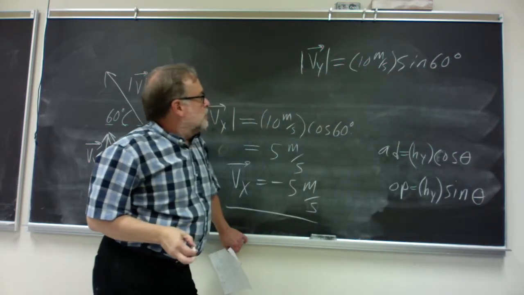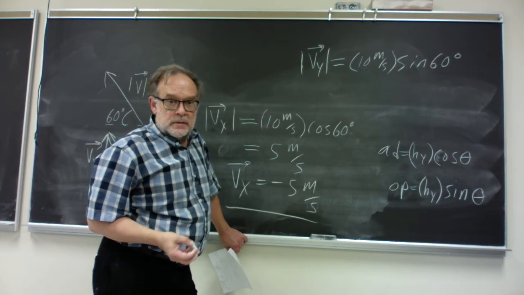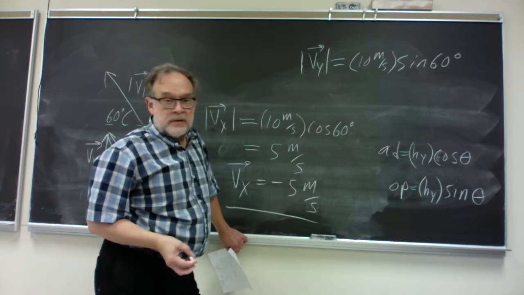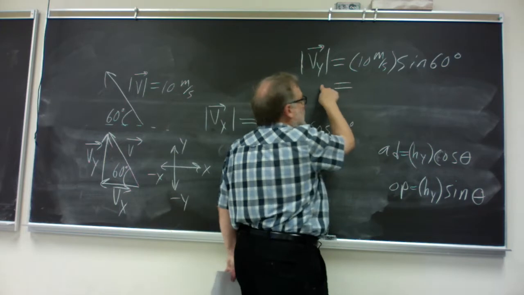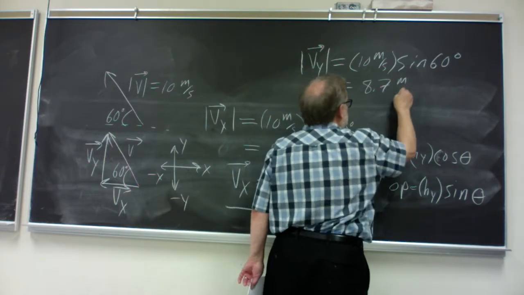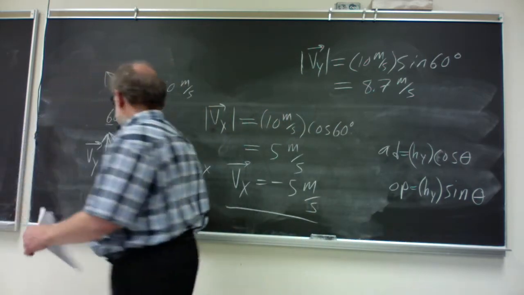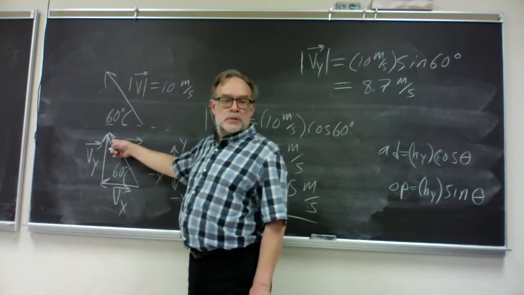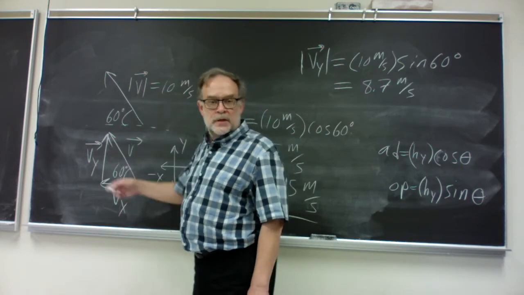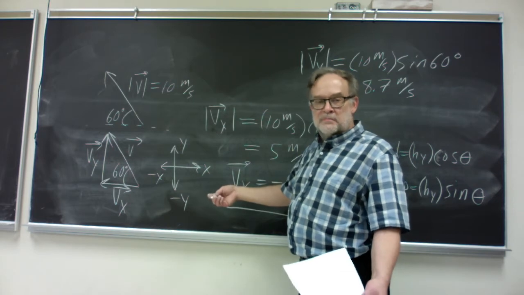And then when you ask your calculator what the sine of 60 degrees is, it'll tell you that it's about 0.87, so the magnitude of Vy comes out to about 8.7 meters per second, but Vy is pointing in the positive y direction, so Vy itself is positive.